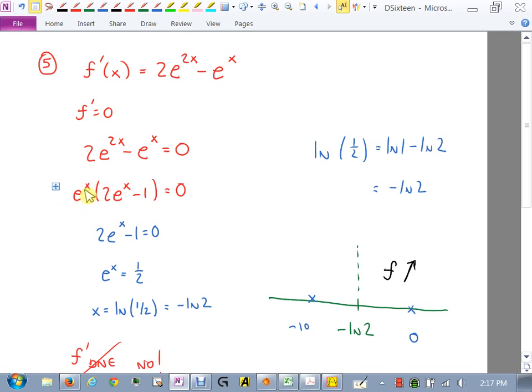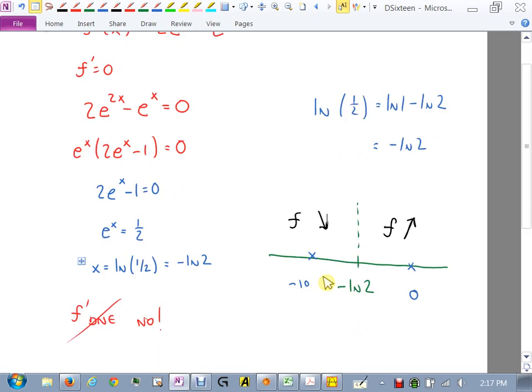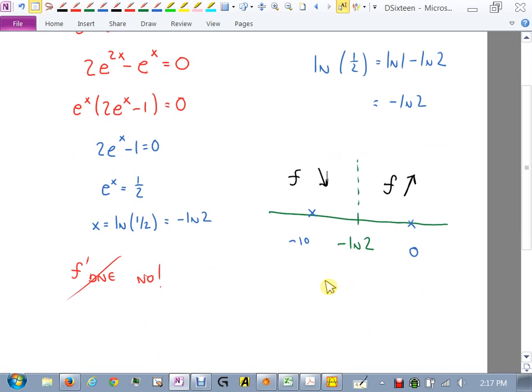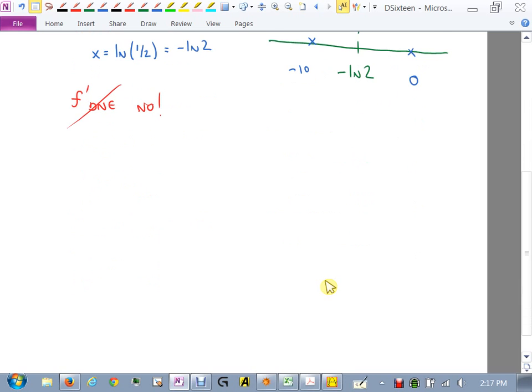Negative 10. What's e to the negative 10? Well, it's a positive number. e to the negative 10 is about 2 over, yeah, that's going to be negative. Okay, f is going down. So we look like we have a local minimum?